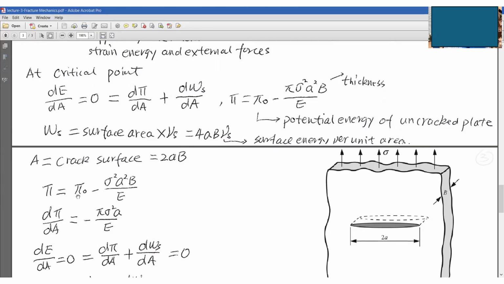So pi equals pi 0 minus pi sigma squared a squared B divided by E. I'm sorry, we should have a pi here.